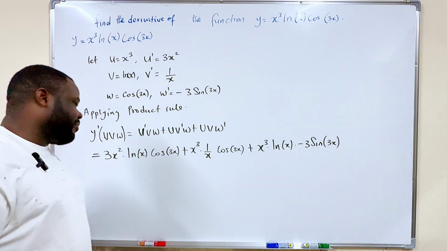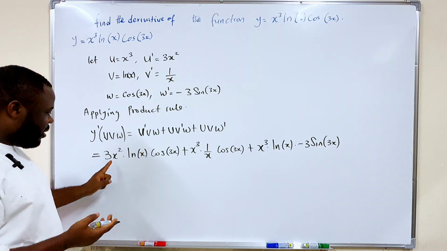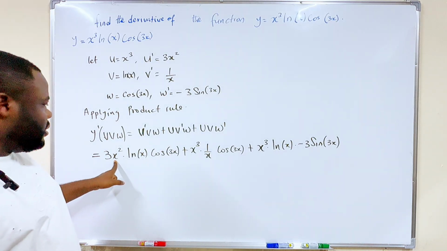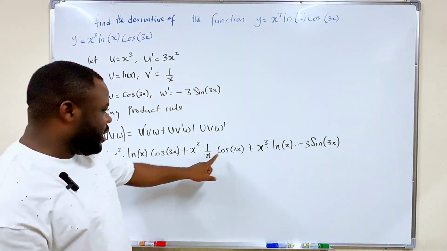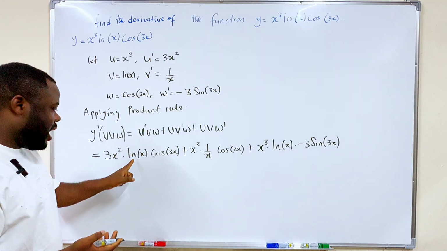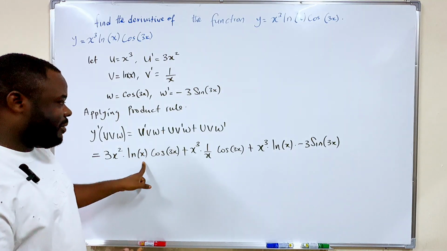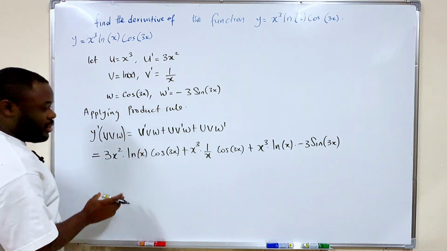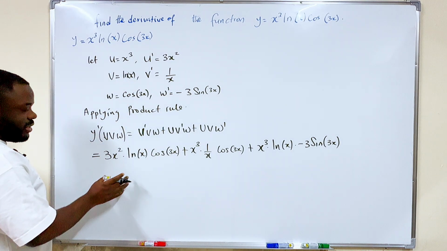So we can now simplify this. We have x squared here, and we have x cubed here, so we can link them together. We can collect like terms, and we also have ln x here, so we can bring the first and third term together.